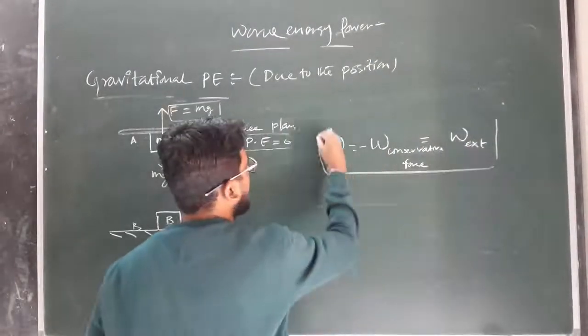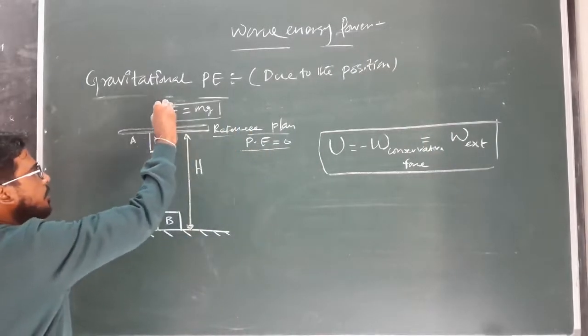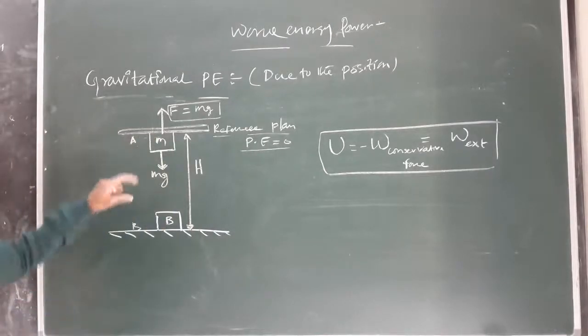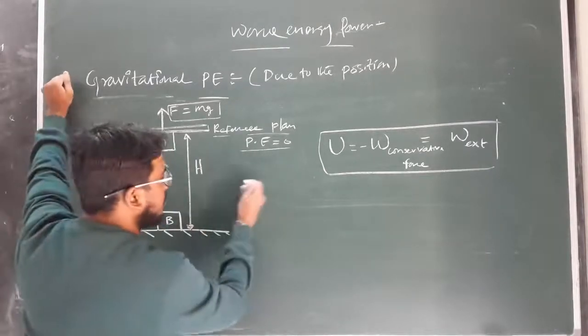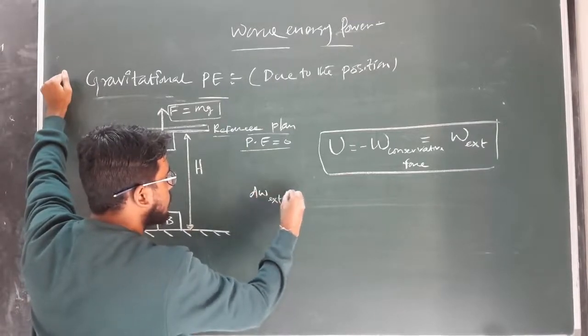So here the work done by external force will be how much? The external force is applied in upward direction and the body is displaced in downward direction. So by proceeding in previous format, the dW amount of work done by the external force will be how much?